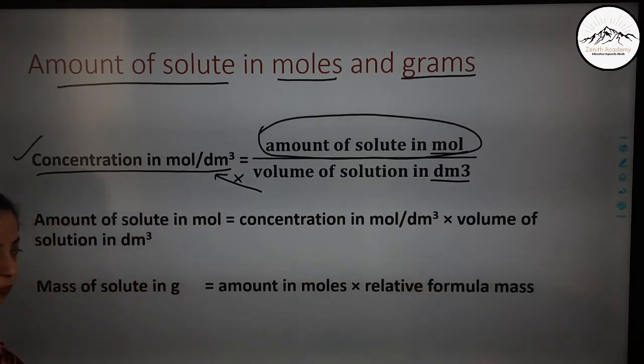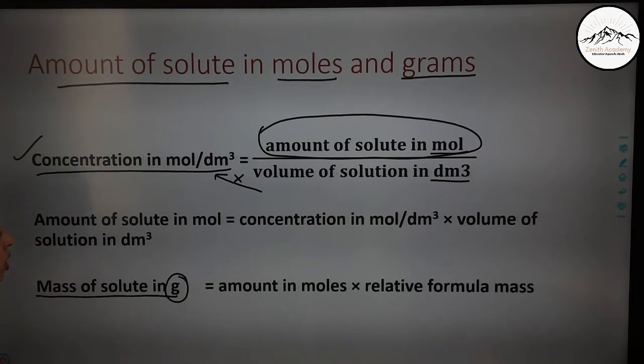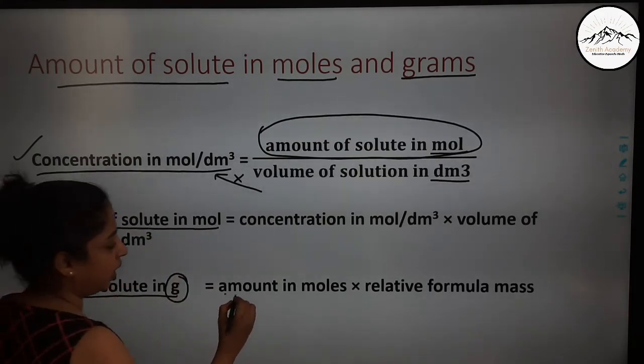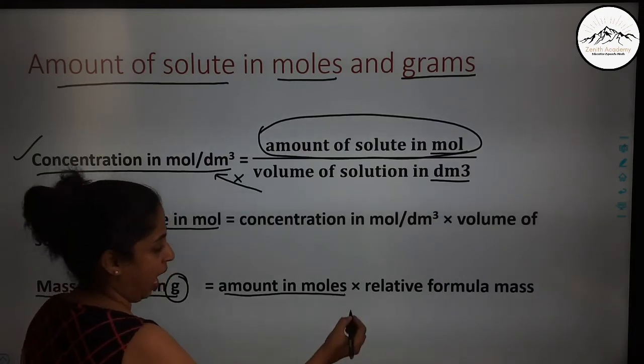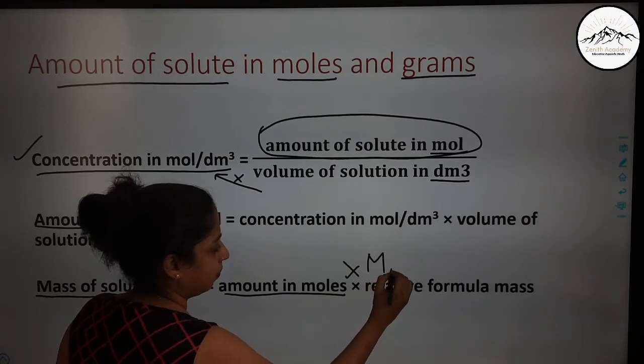decimeter cube. Okay. Now from our previous knowledge of this chapter, we know that mass of the solute in grams can be calculated if we know the amount of solute in moles. So what do we do? We take amount of solute in moles and we multiply it with relative formula mass.